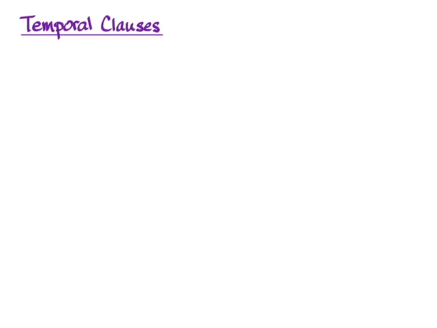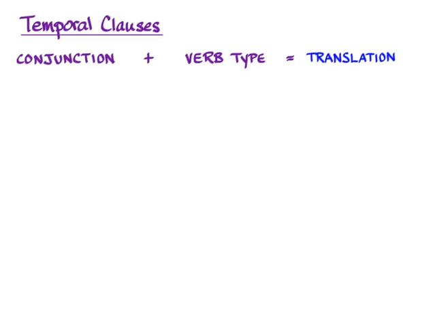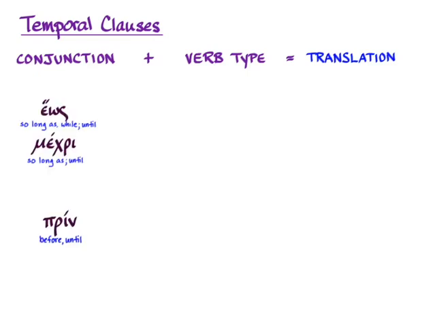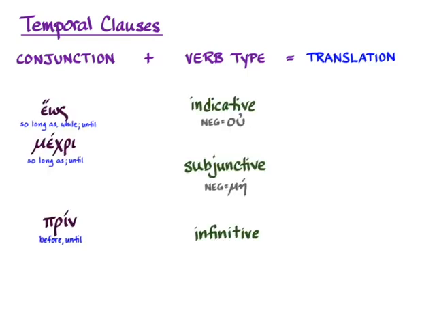So we can again set out the chart of conjunction and verb type with a translation, sort of default translation. With these conjunctions, we have these verb types. I'm just leaving out the optative. You can just ignore that. You're going to run into it so rarely. And we'll get these patterns.